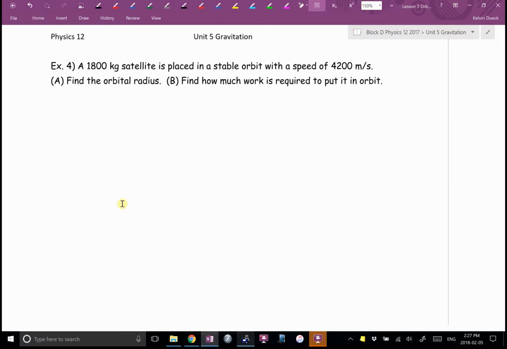Here they gave me the speed. They're asking me to find the radius. And then they're asking me to find how much work. Okay. How would I find the orbital radius? Did I say orbit? Gravity is what's pulling me in a circle.